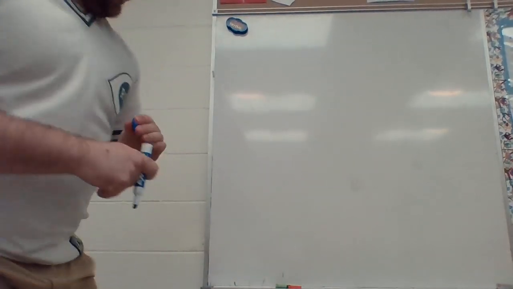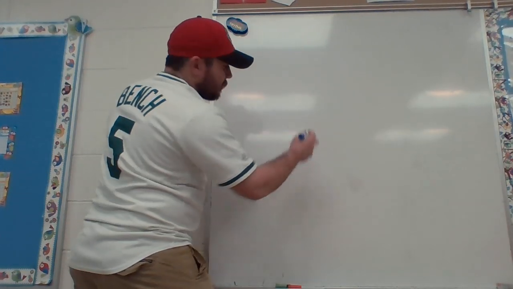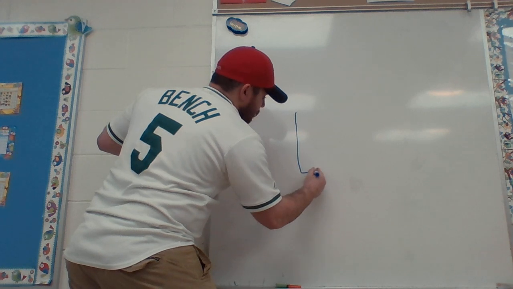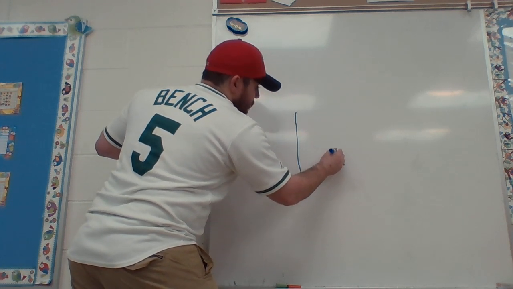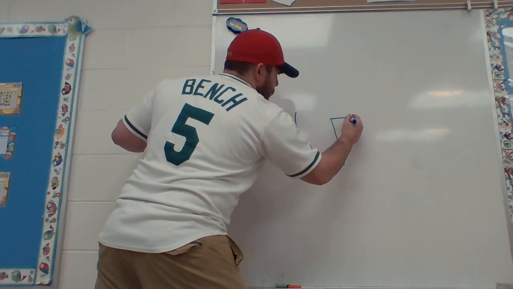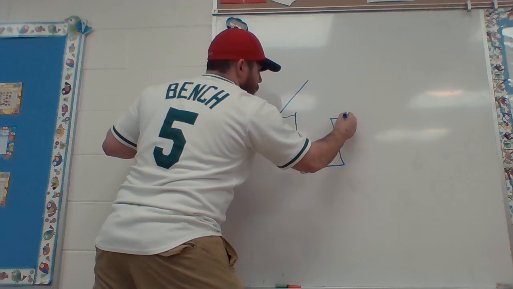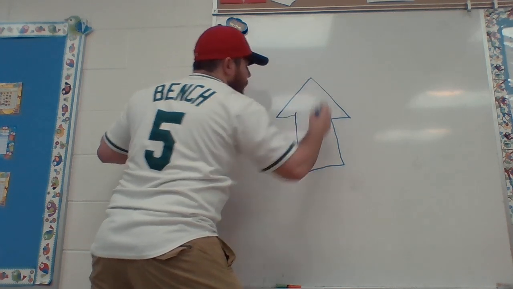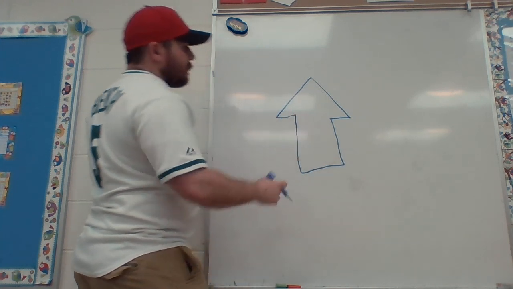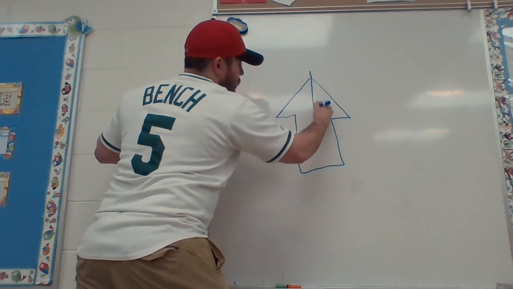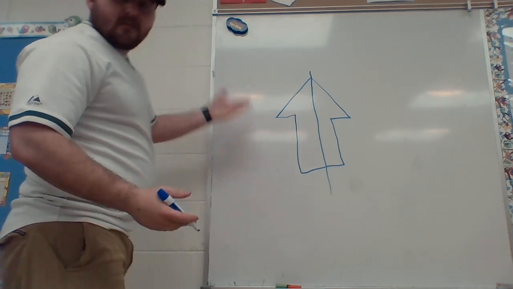Essentially, if I took an arrow, please excuse my poor drawing skills, and I wanted to fold it in half, my line of symmetry is going to go right down the middle. Not perfect, but you get the idea.